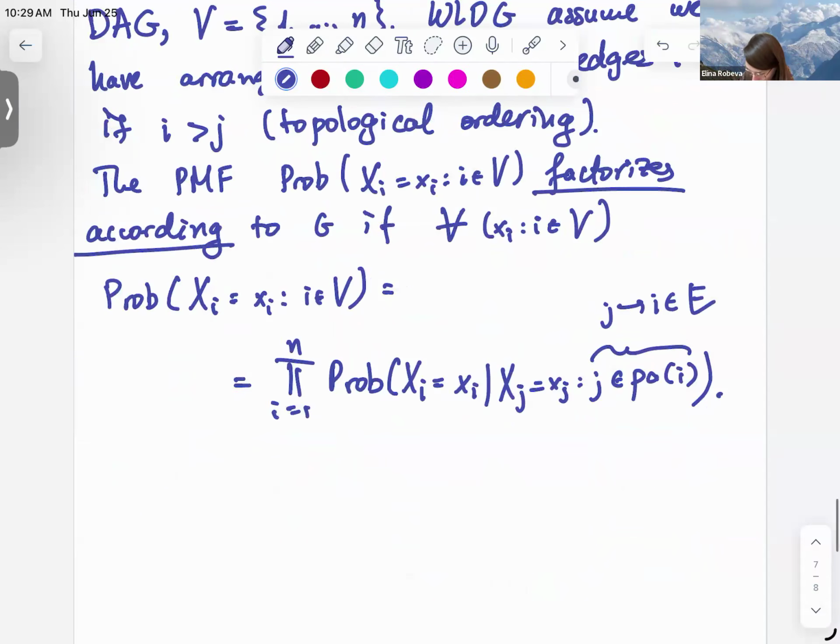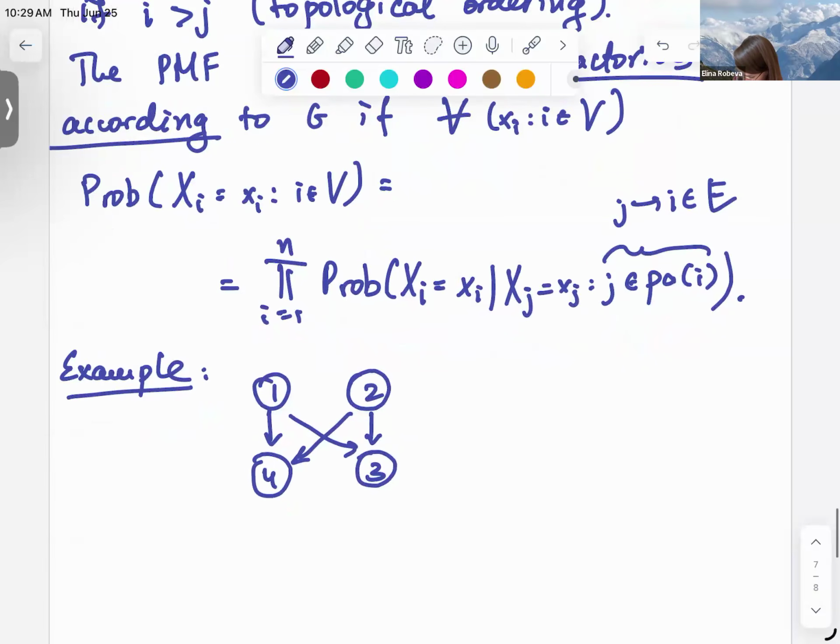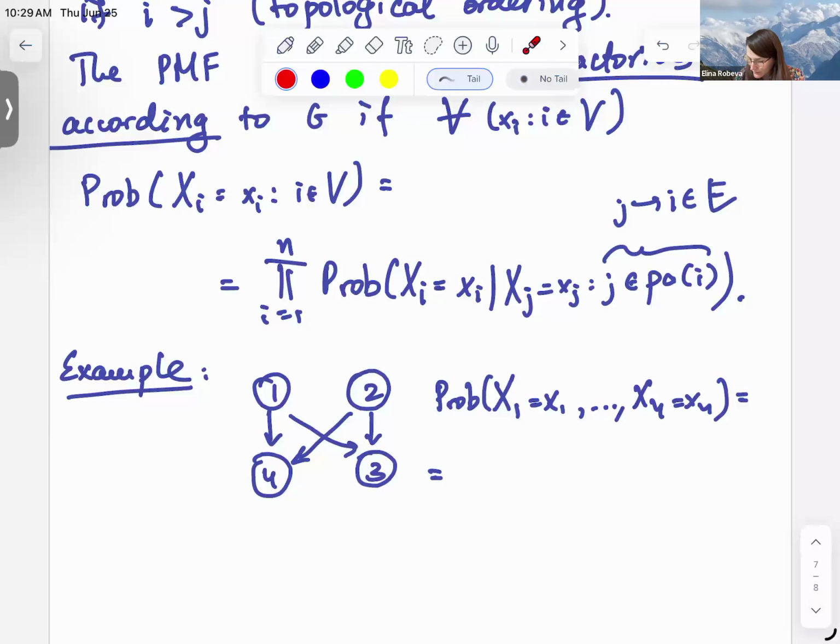So let me show an example. Let's say we have this graph again, 1, 2, 3, 4. Here the probability that X1 is little x1 up through X4 is little x4 equals, according to this definition, I start from X1. It's the probability of X1 equals little x1.